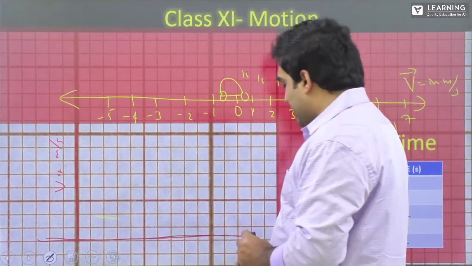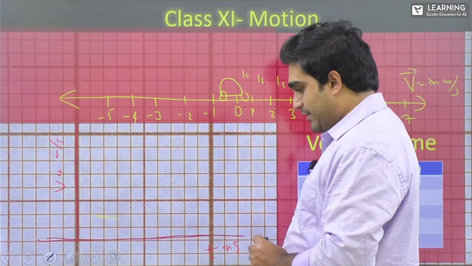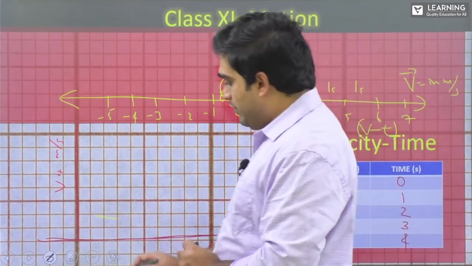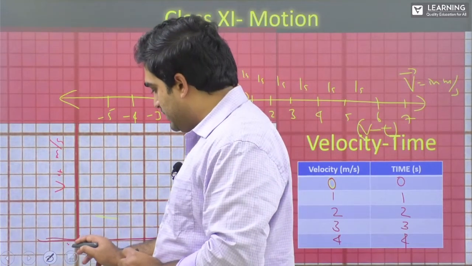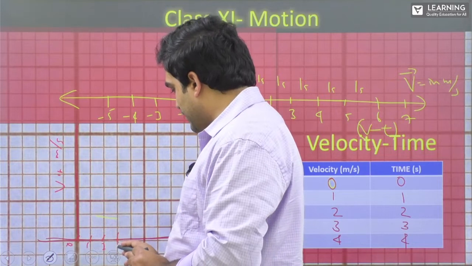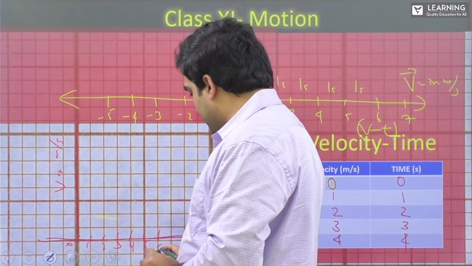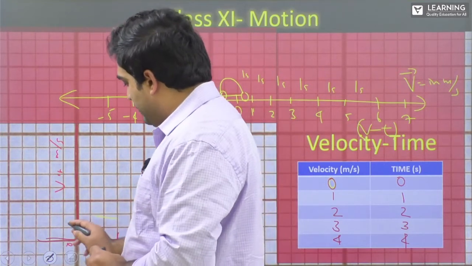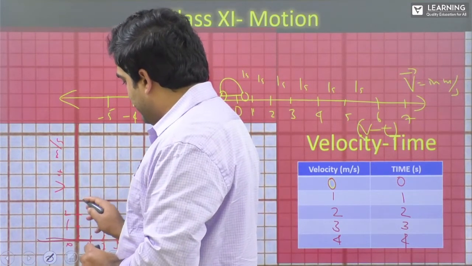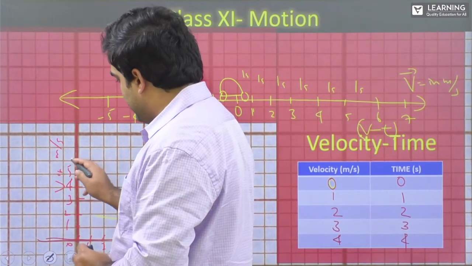And along the x-axis, you have time t in seconds. Now, insert the digits 0, 1, 2, 3, 4, 5, and 6. And then you have 1, 2, 3, 4, 5, and 6.